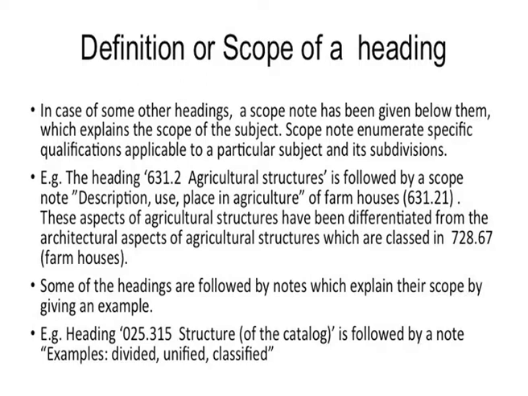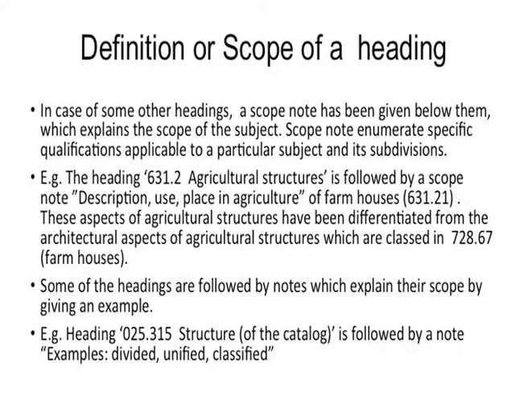In the case of some headings, the scope of the subject has been explained by giving an example. For example, we take 025.315, which is for structure of catalog. This heading is followed by a note.